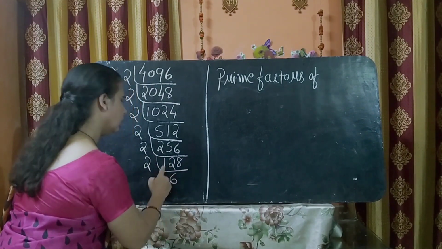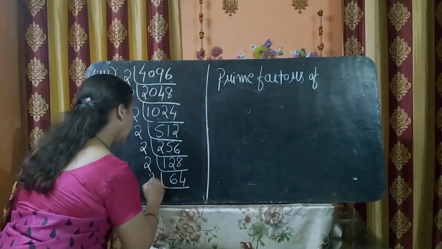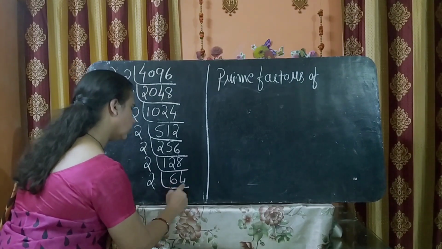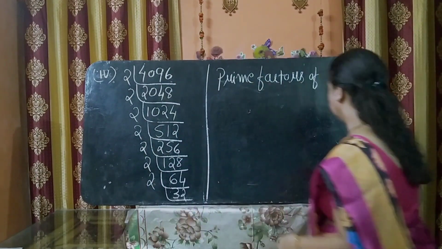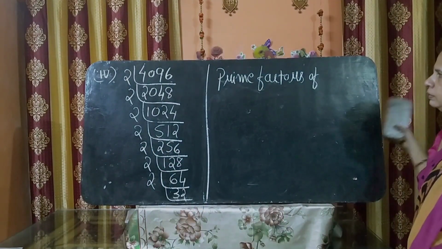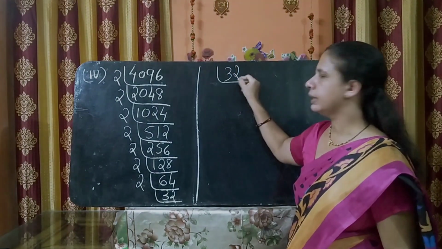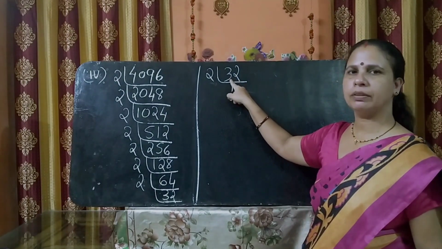Then take the factor 2. 6 2s are 12. Then 4 2s are 8. Then take the factor 2. 3 2s are 6. 2 2s are 4. Number will become 32. Here 32 factor is 2. Then 1 into 2, 2. How many left? 1.